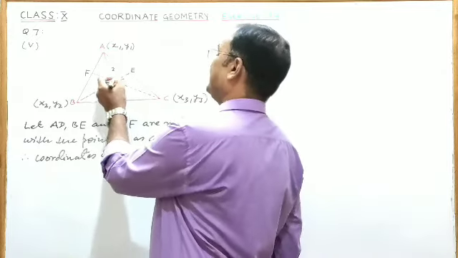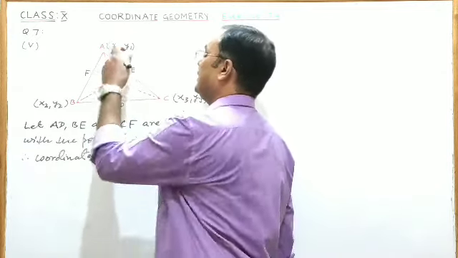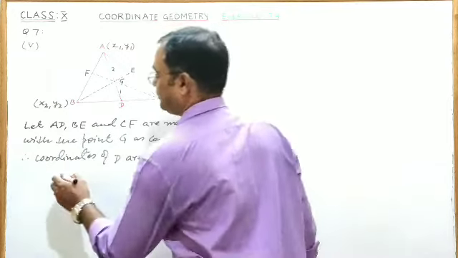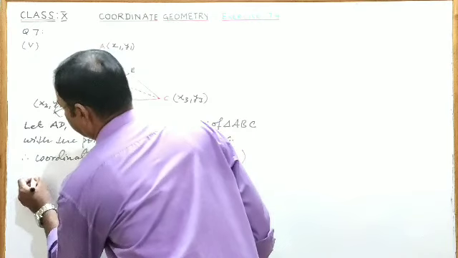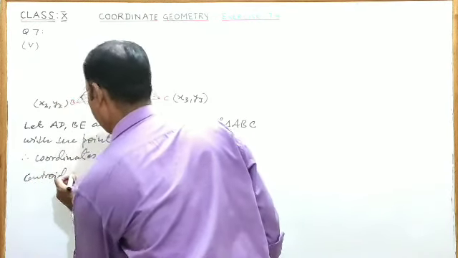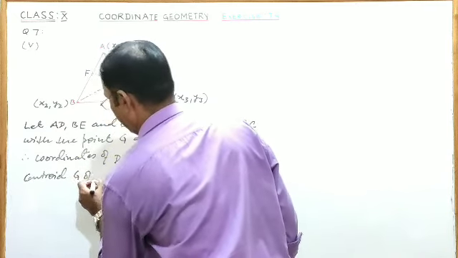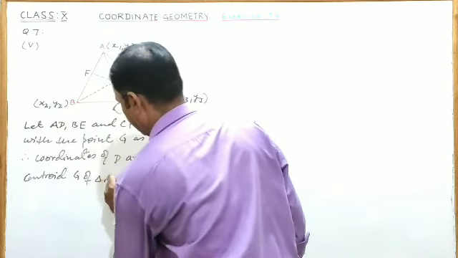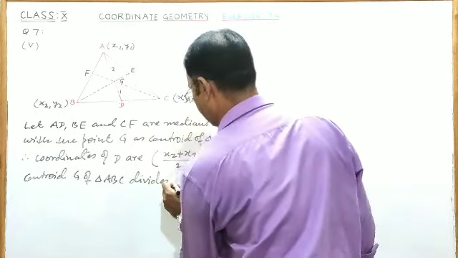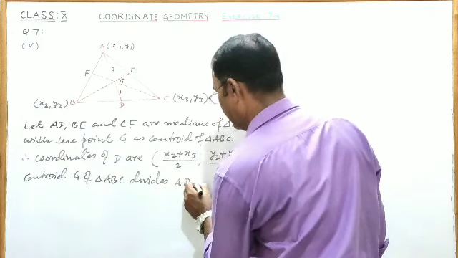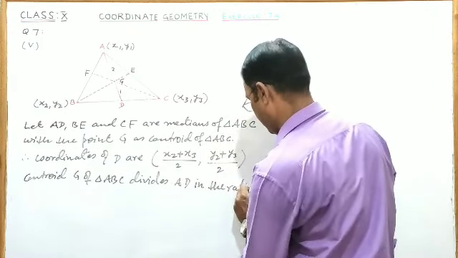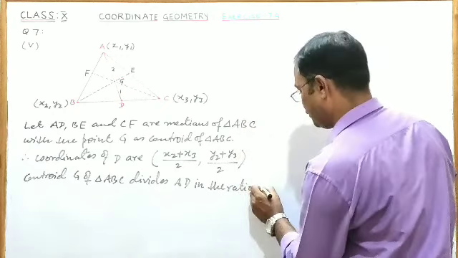Now the centroid G divides the median AD in the ratio of 2:1. Centroid G of triangle ABC divides AD in the ratio 2:1.